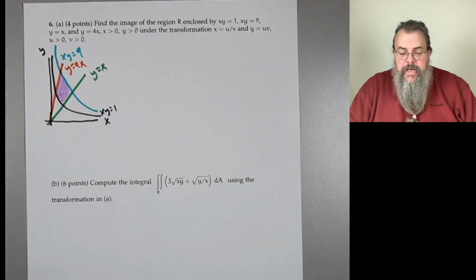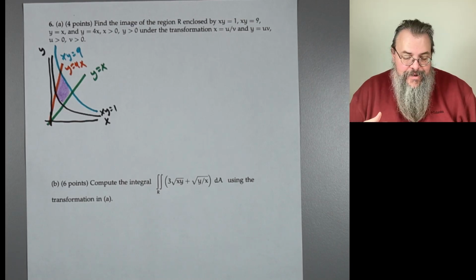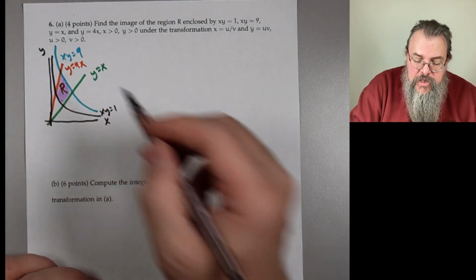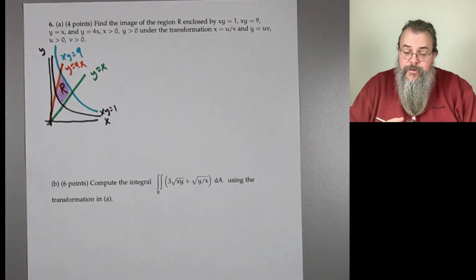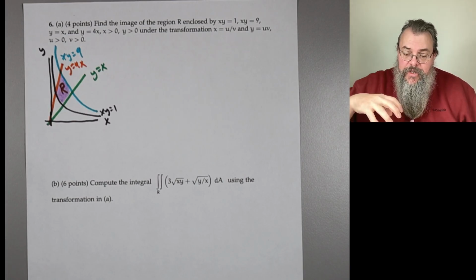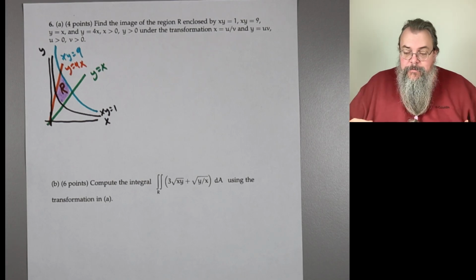Okay, now we don't necessarily need to know that. All we really need to know is what's bounding it. And okay, so we see that it's these curves. So the question is, what does this become in terms of u and v? So what we're going to do is look at every single bounding curve and say, let's rewrite that in terms of u and v.